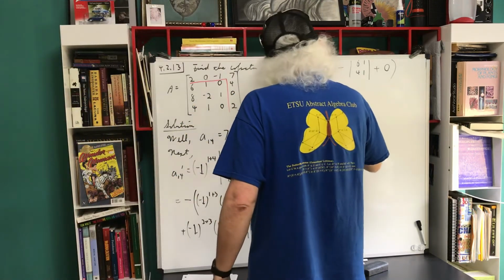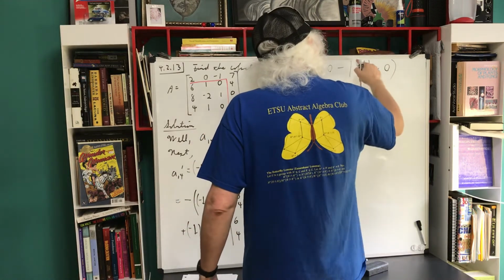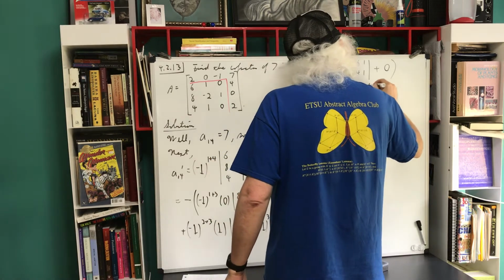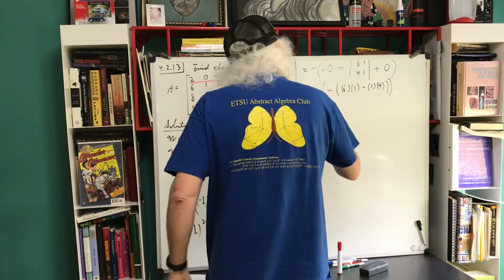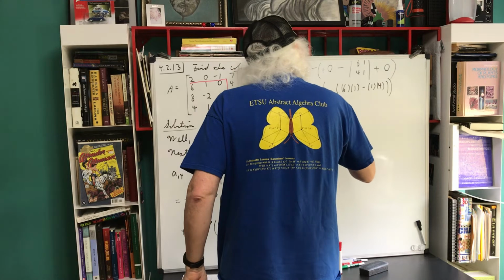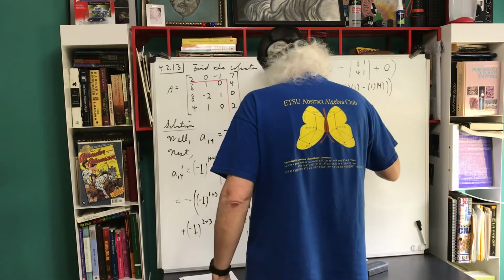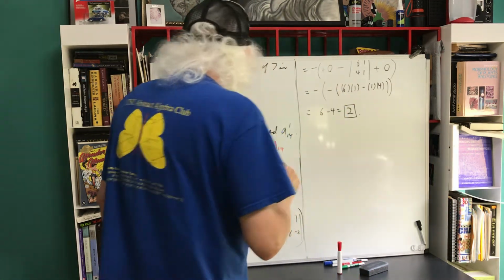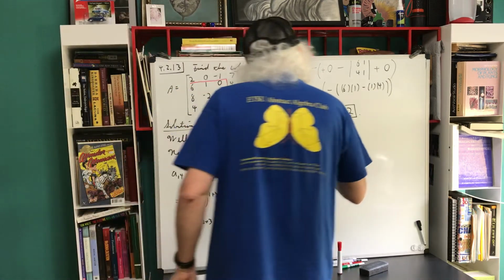So taking full advantage of the zeros, we'll need another negative here. 6 times 1 minus 1 times 4. Got two negatives here. Those will cancel out, and we end up with 6 minus 4. Looks like the determinant's 2. Sorry, the cofactor is 2. So we've got A14 prime is 2.